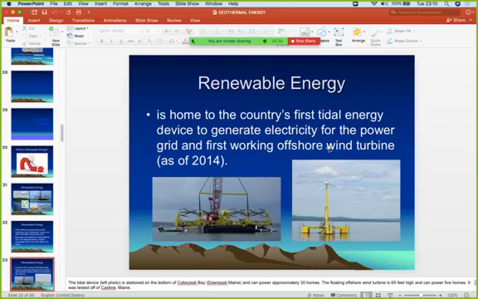So, of course, the world is home to the country's first tidal energy device. Tidal. So, we also produce, as discussed, the wave, tidal wave energy. So, we have also what we call the ocean thermal energy conversion, the OTEC. So, that's also a kind of temperature gradient, producing current, not the current of electricity, but the current of water coming from the ocean.